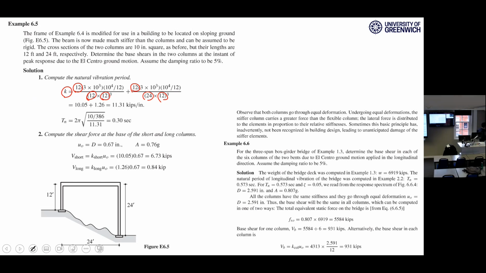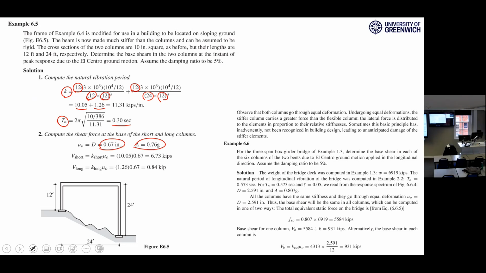If you calculate K, you can see this term is 10, this term is 1 point something. If you calculate K and you have the mass, you can come up with Tn, which is 0.3 seconds, something similar to the previous case. And again, if you go to the Excel and read the numbers, you will come up with relatively the same thing.